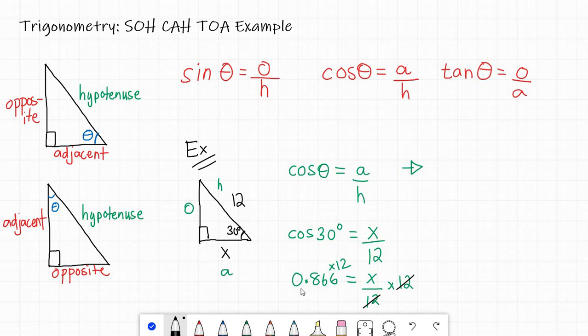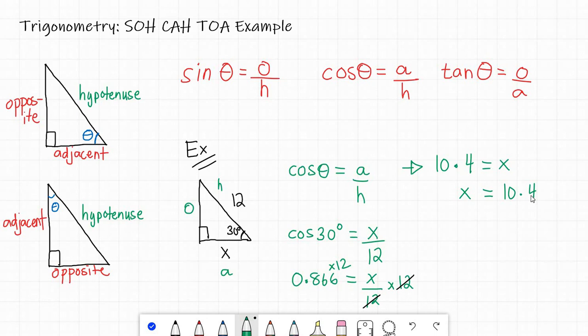And then we're going to do 0.866 times 12 on the left-hand side. So 0.866 times 12 is 10.4. So there we go. We have 10.4 equals x, or we can also just write that as x equals 10.4. So that side of the triangle is 10.4 units long.